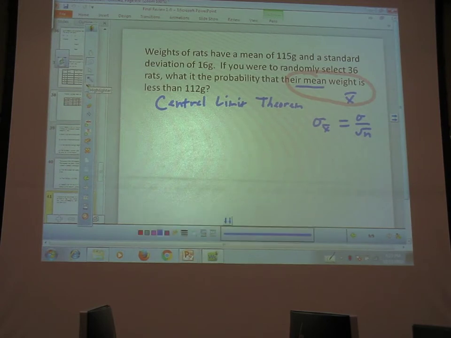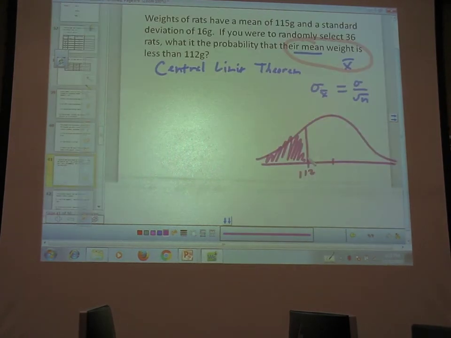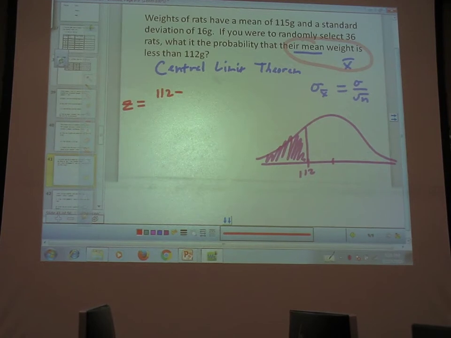So, I'll give you guys a minute to sort this out. All right, so again, we want to find an area from an x value. So first we have to find the z-score. The z-score is going to be 112 minus my mean, 115, divided by sigma x bar.